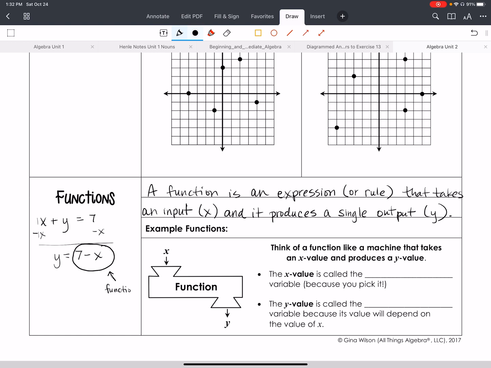It's an expression where I can keep putting in numbers, my input, for my x, and it's going to produce a number that's my output. So it's just taking any kind of two variable equation and making it so that I have my one variable on one side, usually we call that one x, and then it's going to be equal to a single thing, my y.